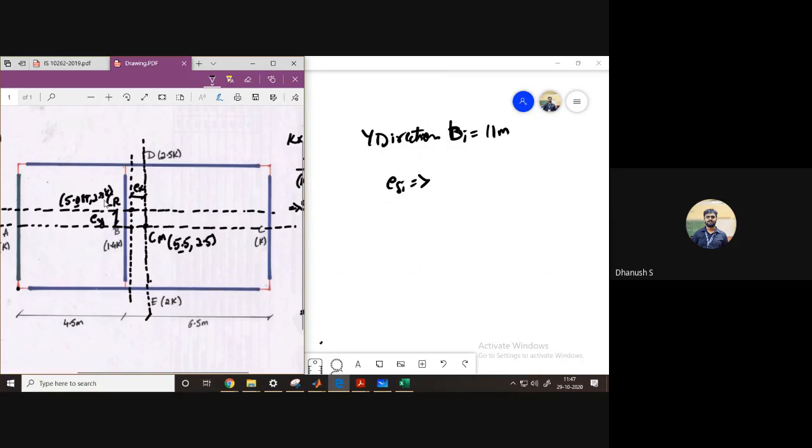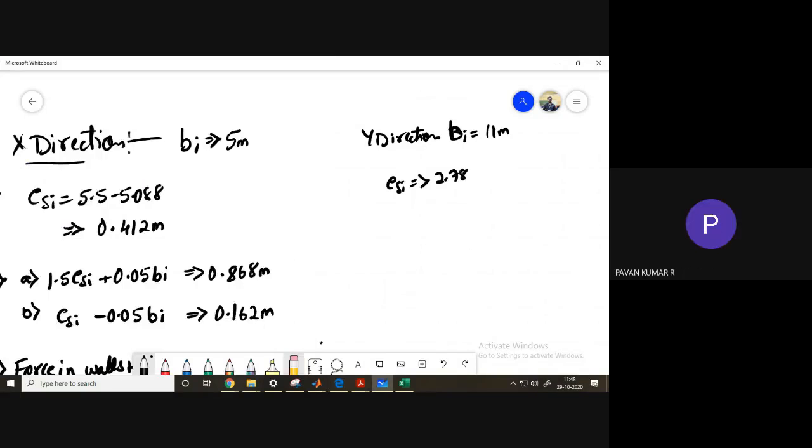So 2.78 minus 2.5 is 0.28 meter. Now calculate the EDi values using the same formula, substituting Esi as this value and Bi as this value.